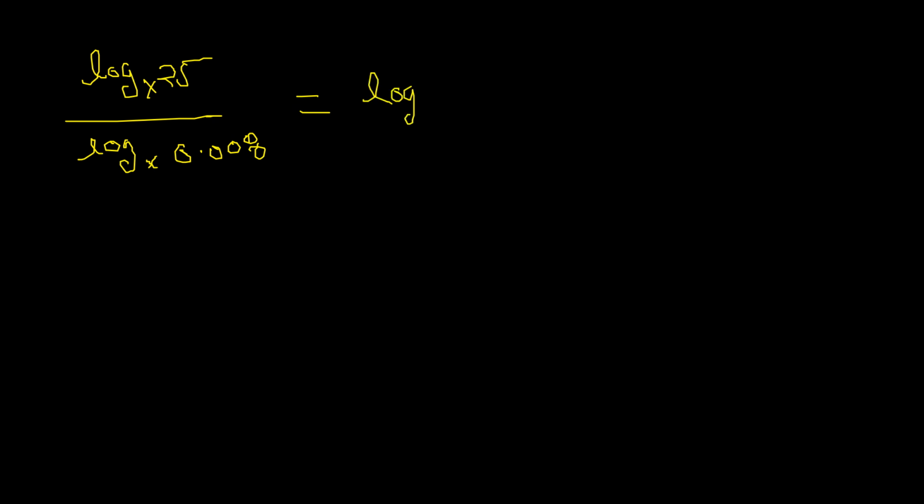Now with the help of our property, we can write base, argument 25. Further, we can simplify it. Log 25 base 8 by 1000.